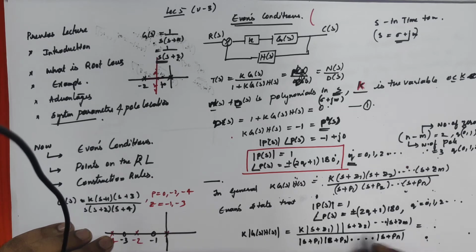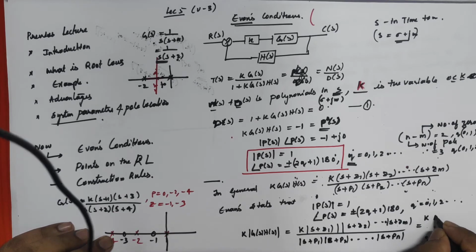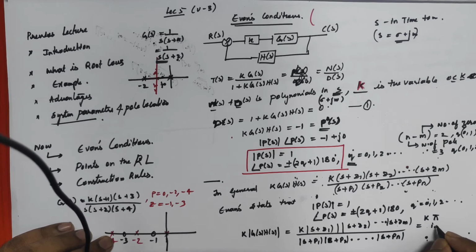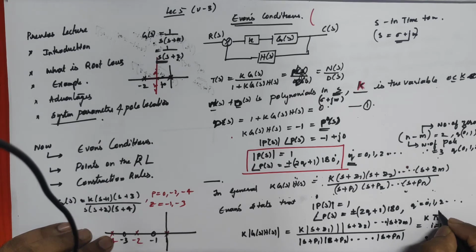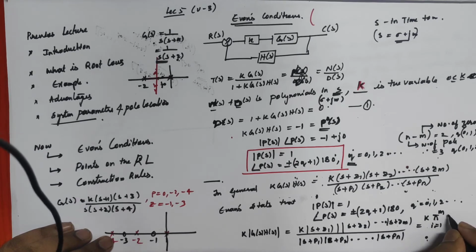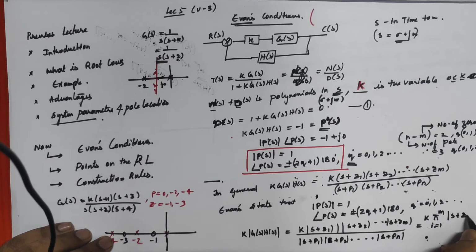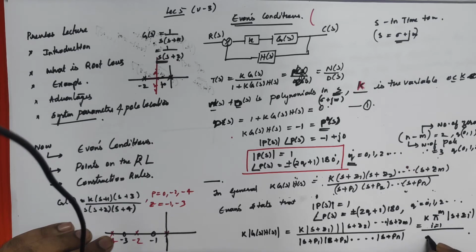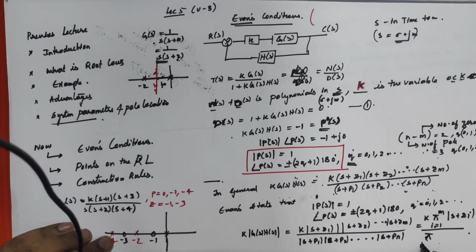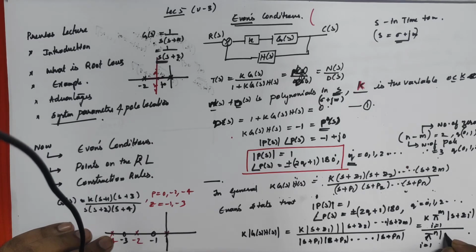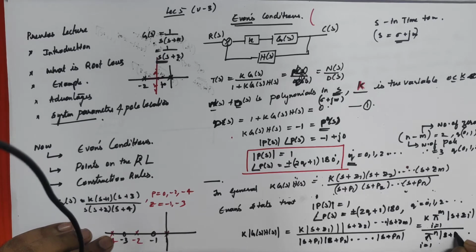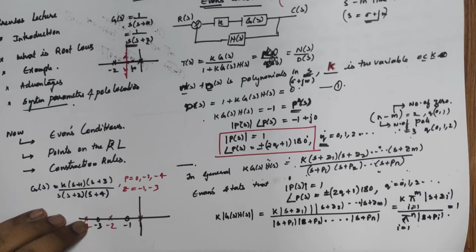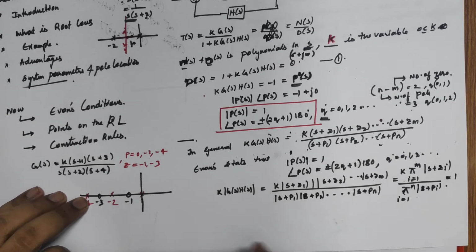We want to find where s0 will be located on the root locus. So k equals the product for i equals 1 to m of the zeros, (s plus zi), divided by the product for i equals 1 to n of all the poles. This should be 1.